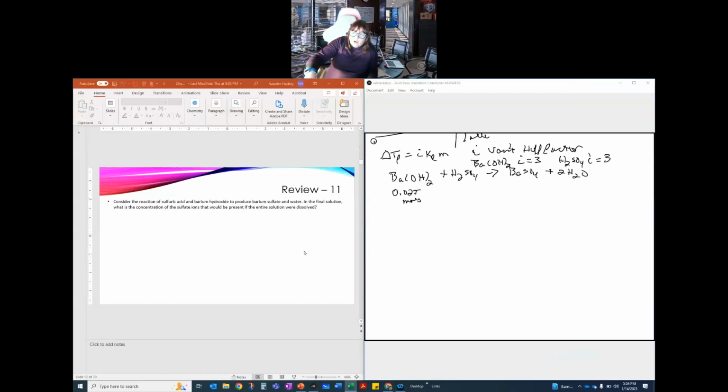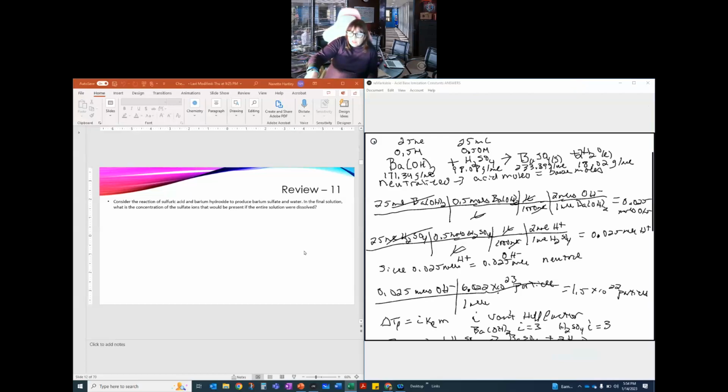So what I'm thinking about, when we did this calculation, and we had 2 moles of OH minus and 2 moles of H plus, then the Ba is going to be half of that. All right, so we don't do the multiplication by 2 when that happens.